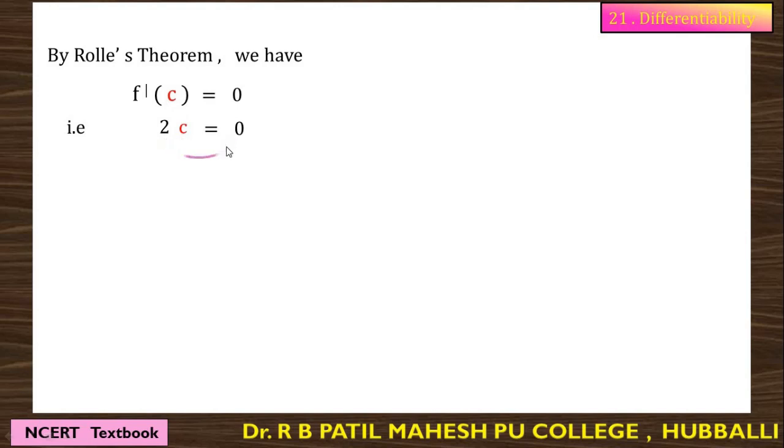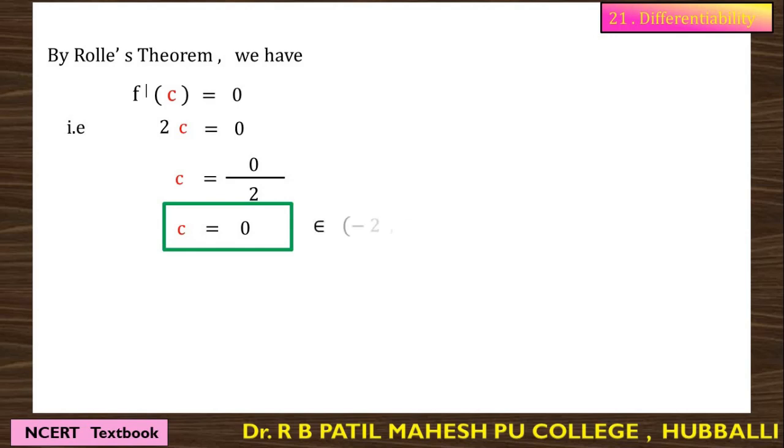So if you transfer 2, you will get 0 divided by 2, which is nothing but 0 only. And this 0 belongs to the interval minus 2 comma 2. So which means that at 0 point to the curve, if you draw tangent, the tangent is parallel to x-axis. That is the meaning.